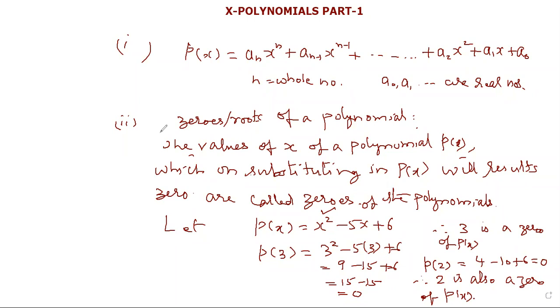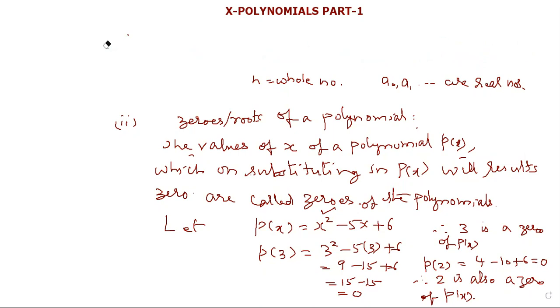So zeros of a polynomial. That means one more thing you should know, that we will be given the polynomials in different types, like linear polynomial, quadratic polynomial, cubic polynomial. So there are some facts you must know, or mathematically we can say a real number is said to be a 0 of a polynomial p(x) if p(k) is equal to 0.